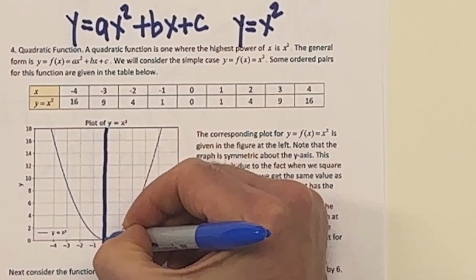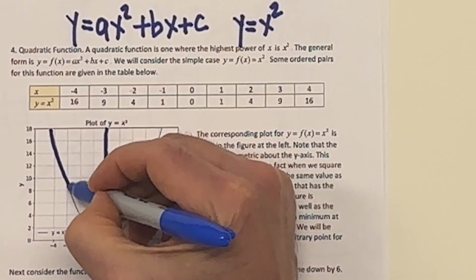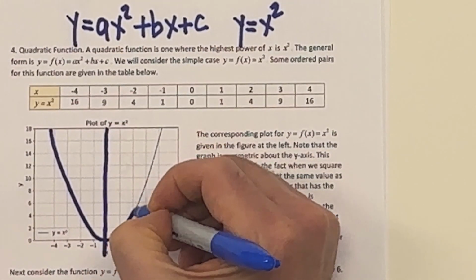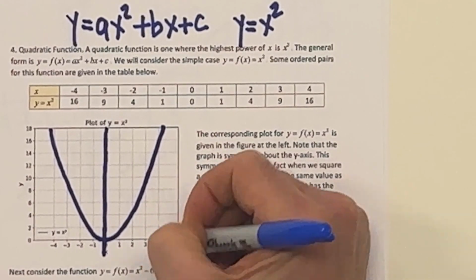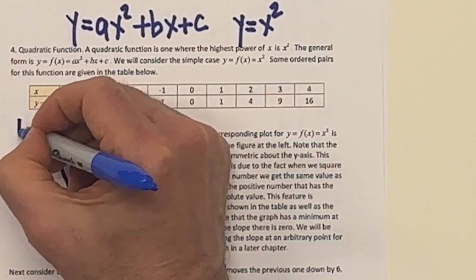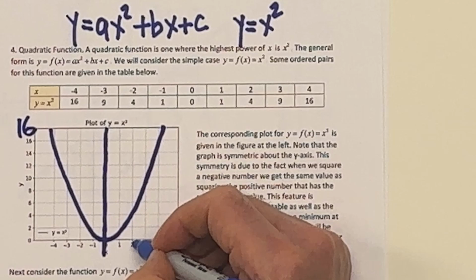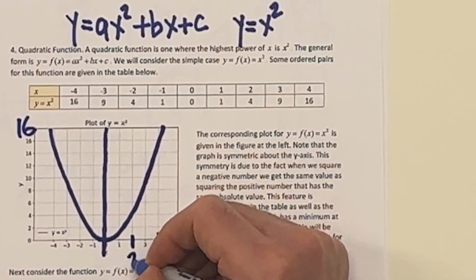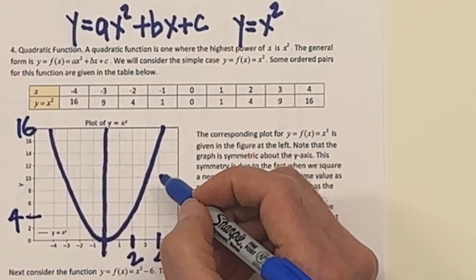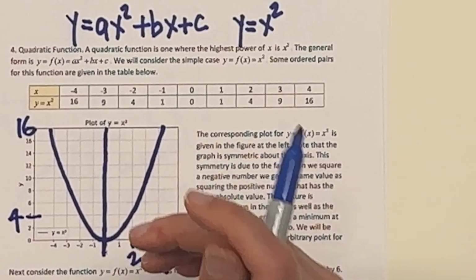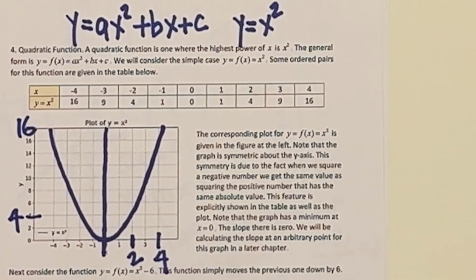If you look to the left and the right, you see you get this nice curve that then comes back up. And here, if x is 4, then up here is going to be 16. If x is 2, like here, then you're going to have 4. And it's a nice graph. It's called a parabola.